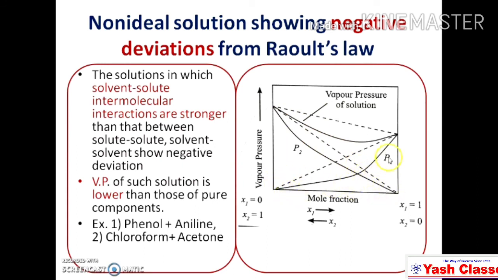This solid line also shows the negative deviation of the partial pressure of component A1 as compared to the partial pressure of component A1 when it shows ideal behavior. So in this way, there is a possibility of negative deviation and positive deviation for a non-ideal solution.